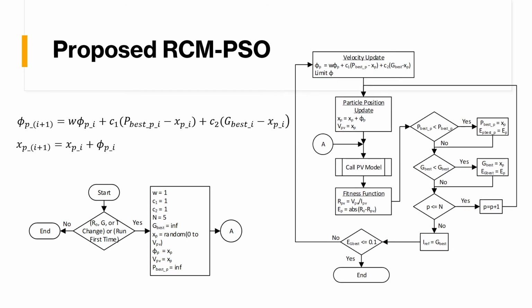So basically, you have to determine the fitness function, which is comparing the RPV with the Rout. RPV is from the PV model and Rout is from the sensor. Then determine the best position for the particle and the best position for the global. And then you have to update the velocity and run it again.